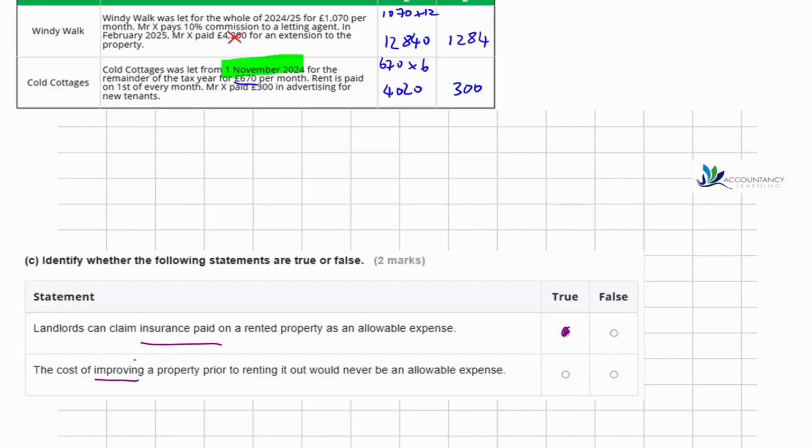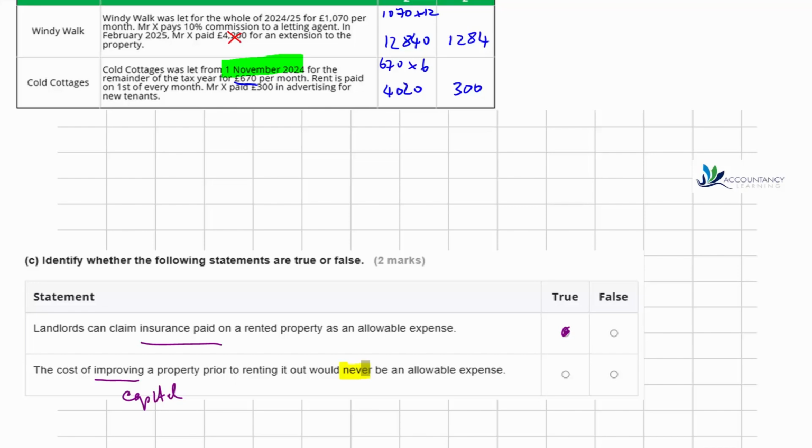Okay, well, improving the property is normally a capital expense, so that would be false. But we just need to be aware of the word never. And this is something to be aware of in your exam as a technique. The word never and the word always need to be looked at very carefully, because there could be an exception.